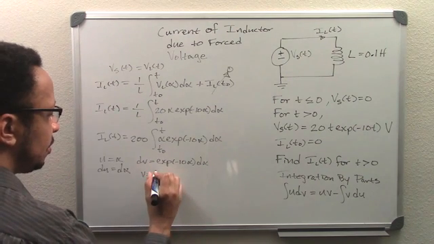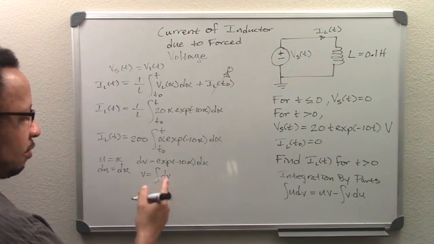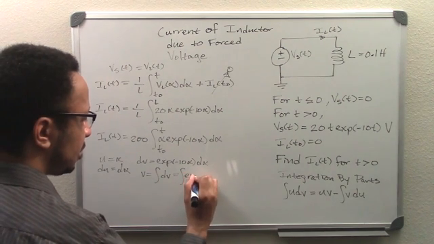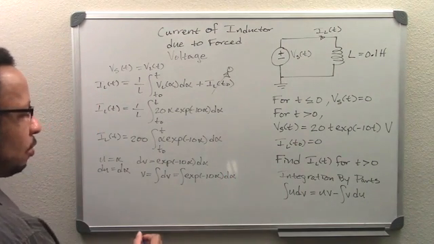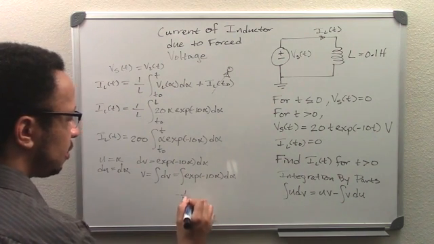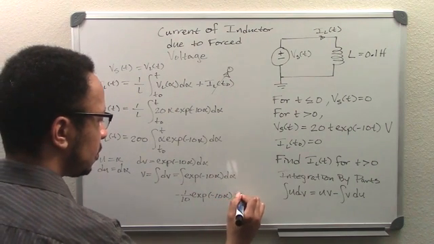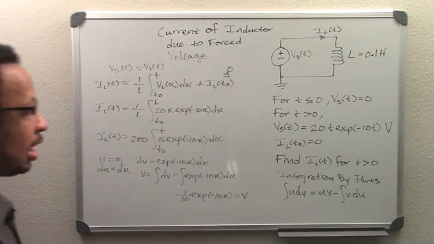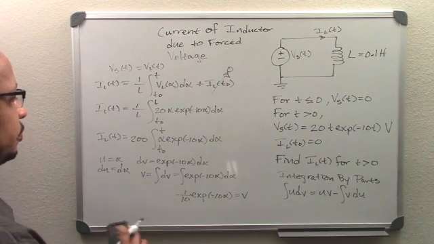Then v equals the antiderivative of that, which gives negative 1 over 10 times exponential negative 10 alpha. Applying these substitutions, we'll be able to integrate this function.